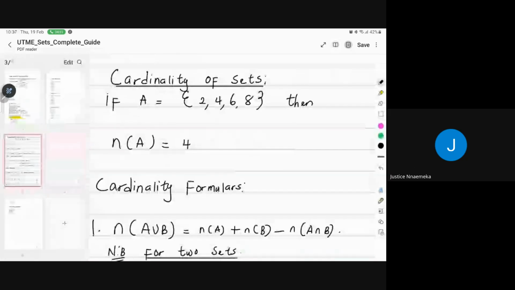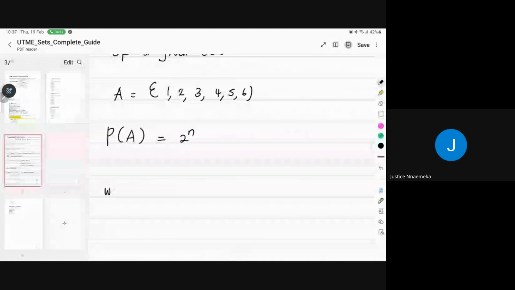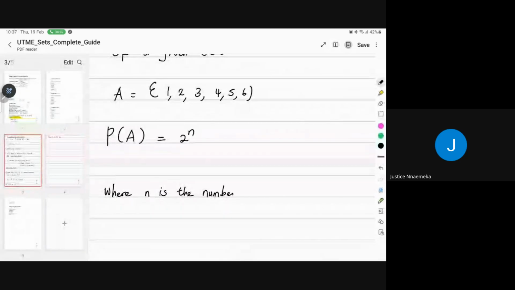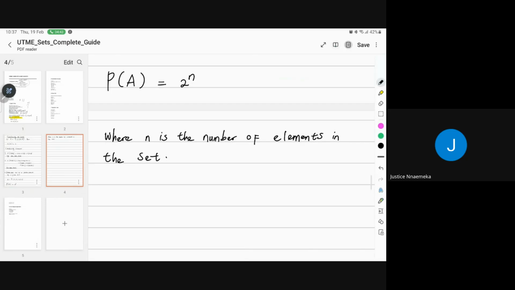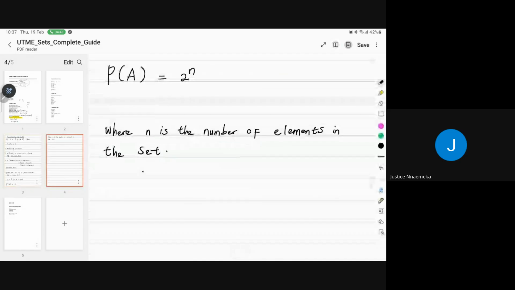So for this one, how many elements do we have? 6 elements. So here n is equal to 6. So the power set will be equal to 2 raised to the power 6.